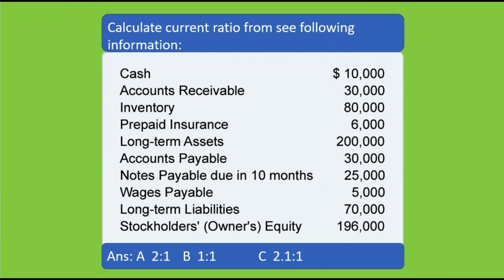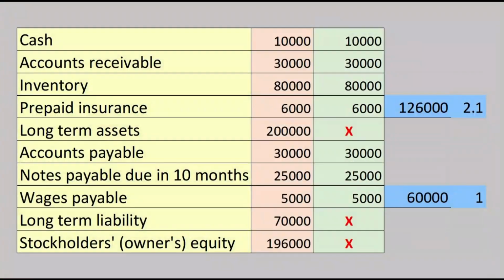Dear students, as you have noted, the above information includes accounts relevant to the current ratio and accounts not relevant to it, and therefore you will have to take only the relevant information out. Take the current assets and current liabilities separately and compare them with each other.